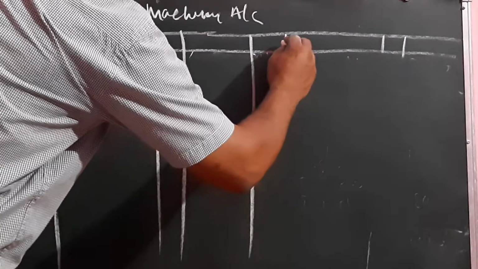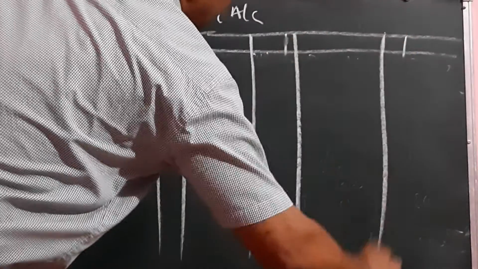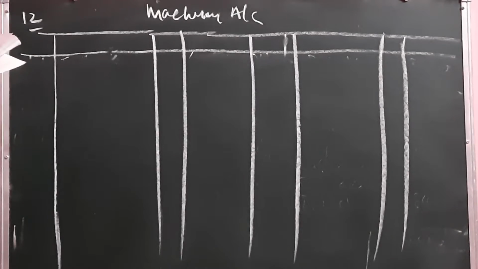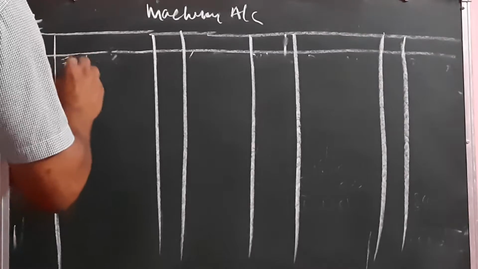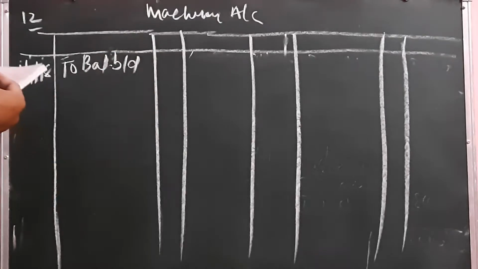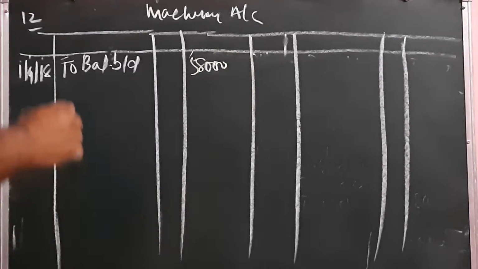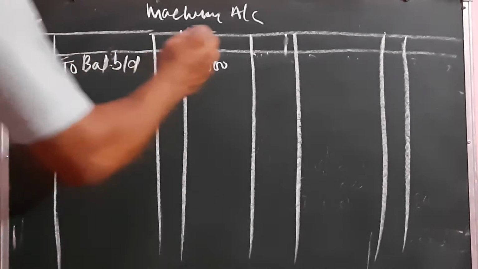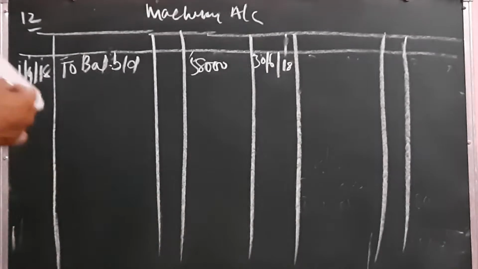Again drawing the figure here for one more year. On 1st April 2018, to balance BD, it is 58,000, and on 30th June 2018, the first machine was sold.